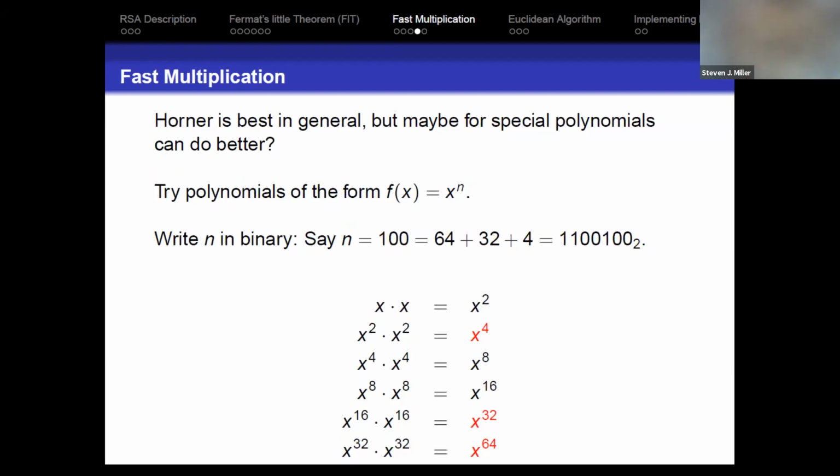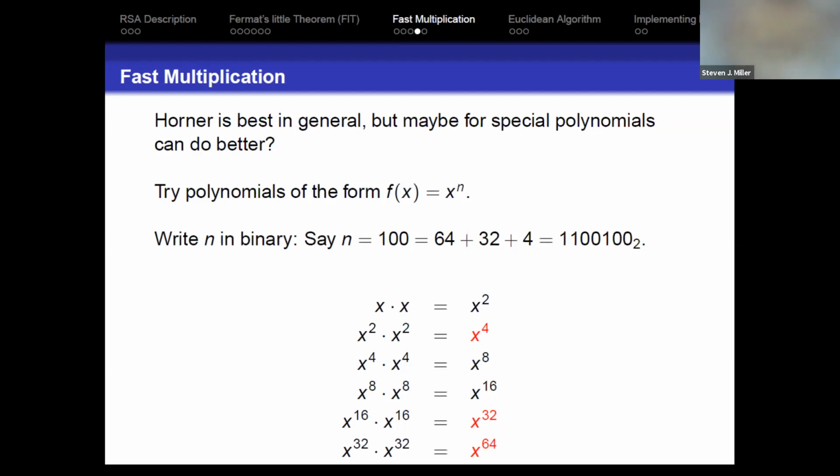So we need to solve, 2 to the, I'll call it r, is less than or equal to d, but 2 to the r plus 1 is greater than d.